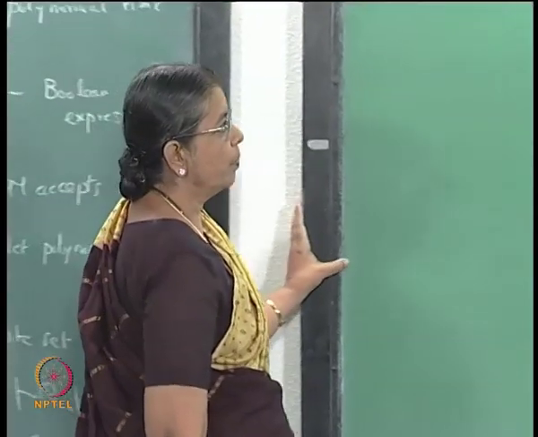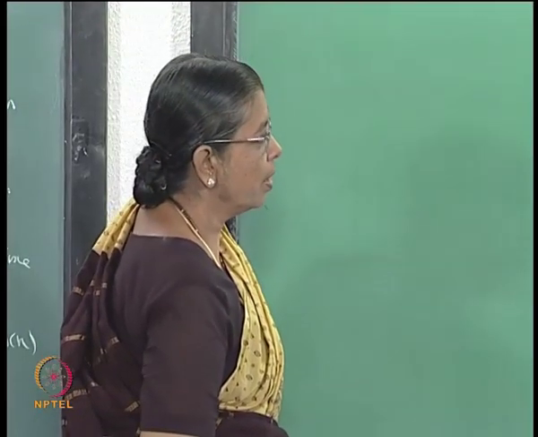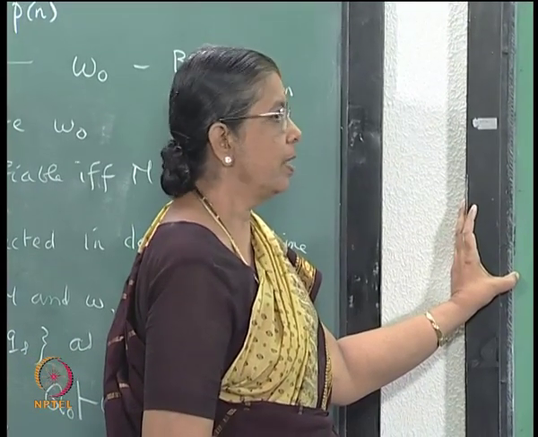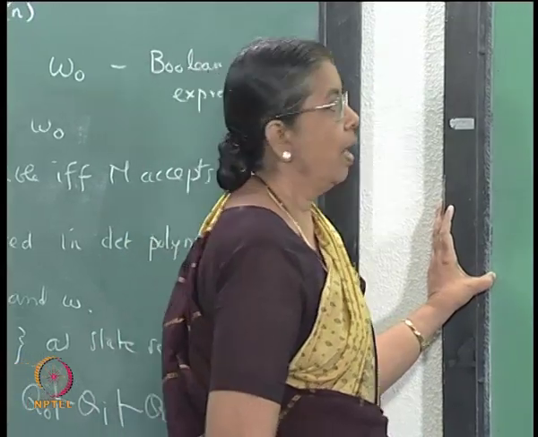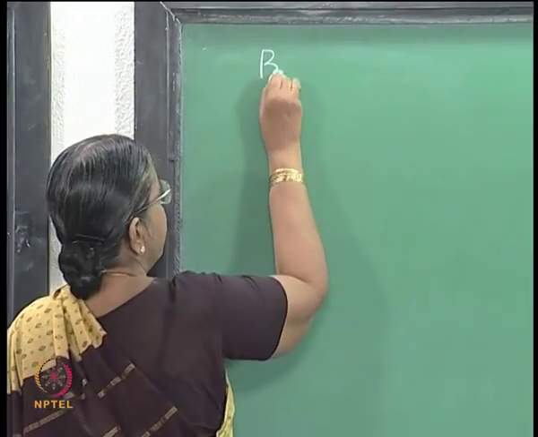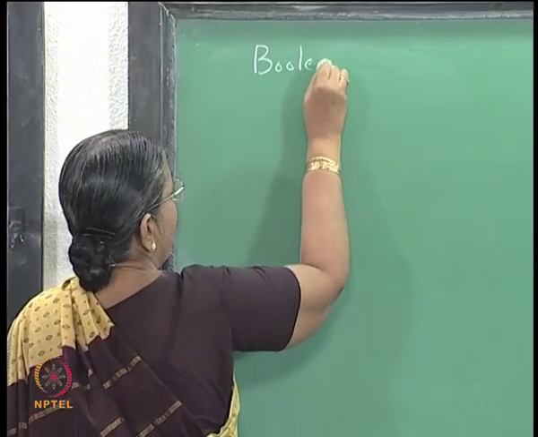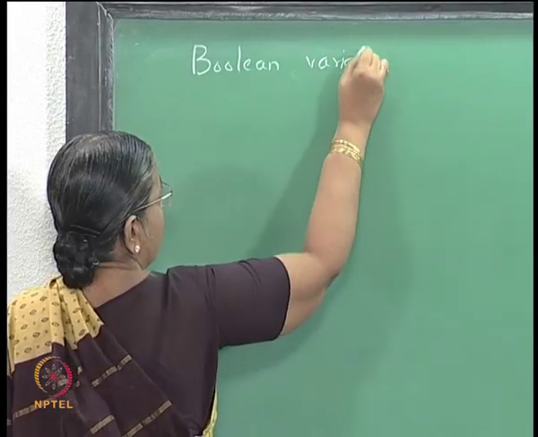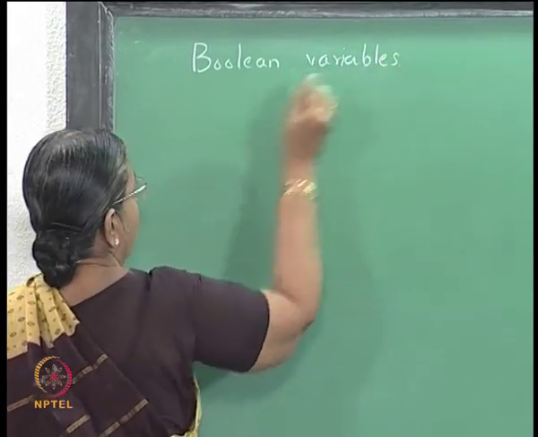Now, in order to find the expression W naught, we have to use some Boolean variables. What are those variables?